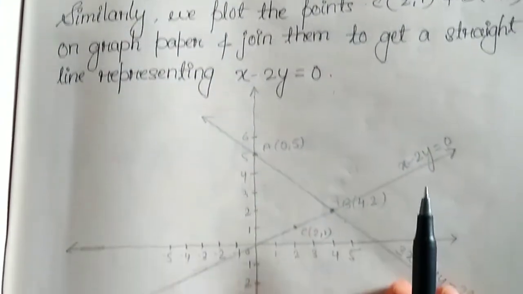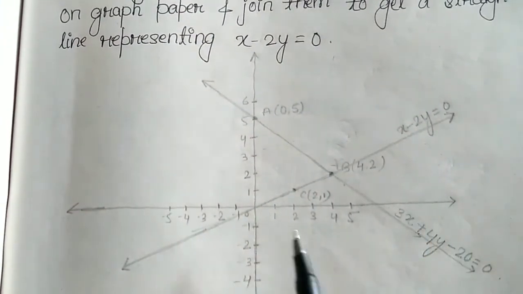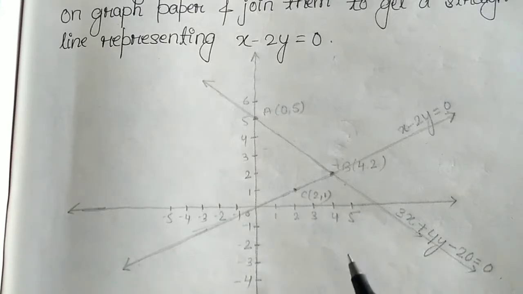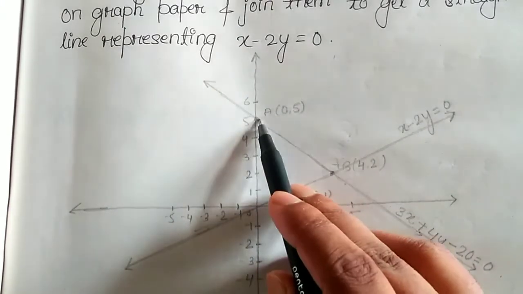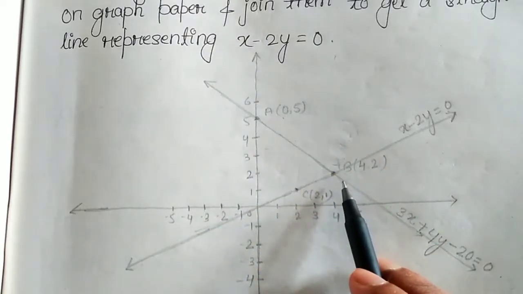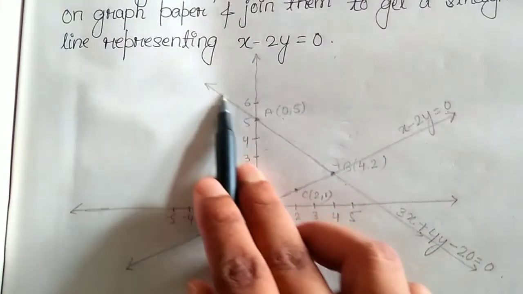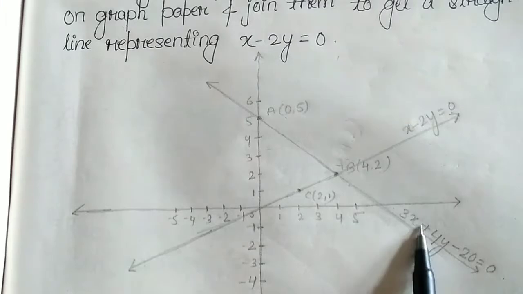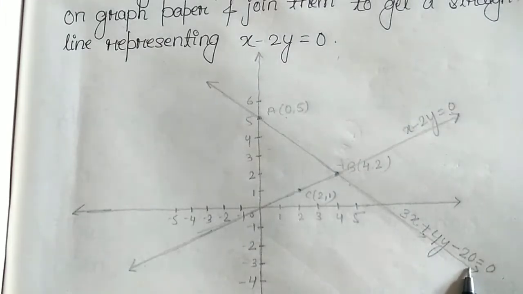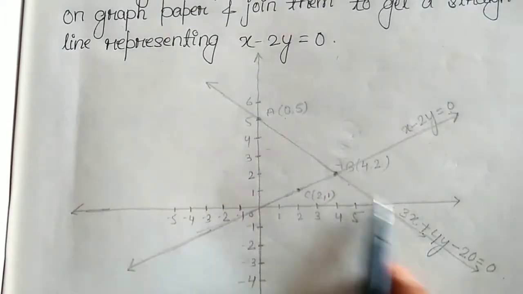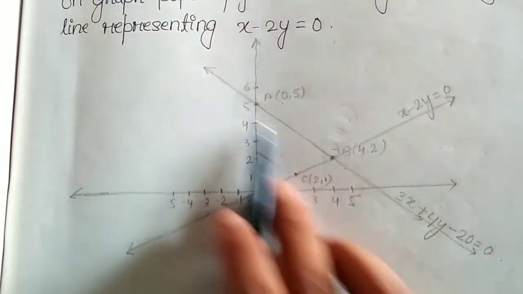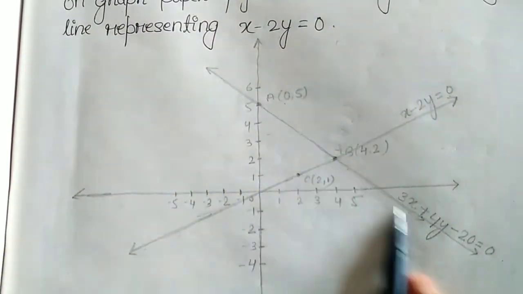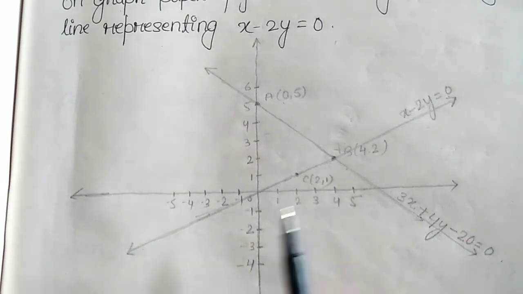Now I have plotted these points. The first point is 0, 5, and the second point is 4, 2. Now you join them, and write the name of the equation on the line representing the equation.